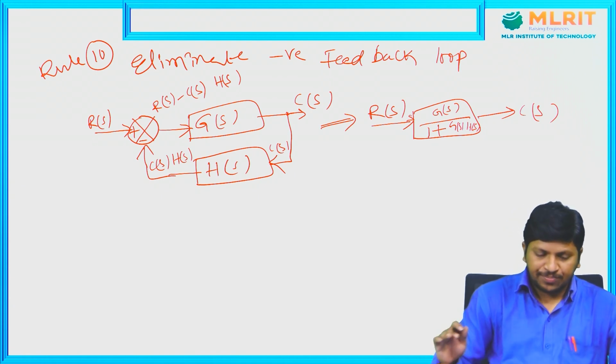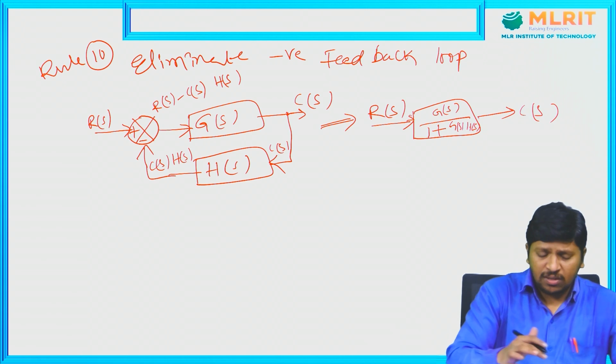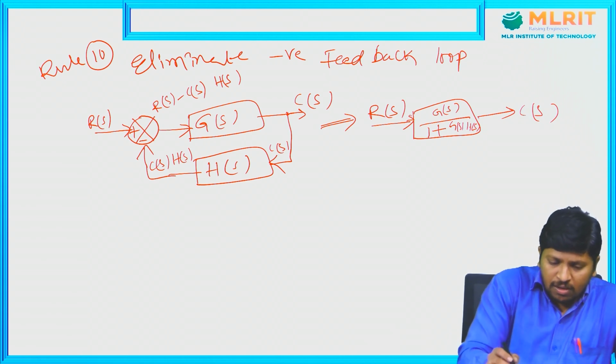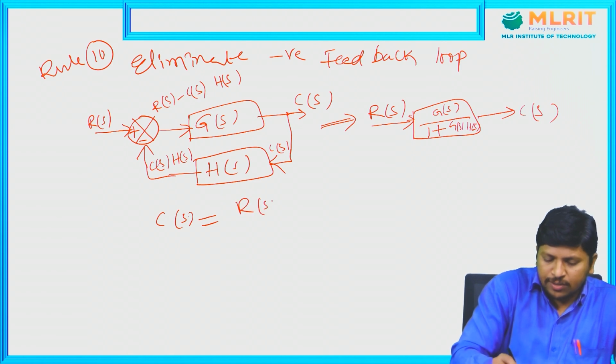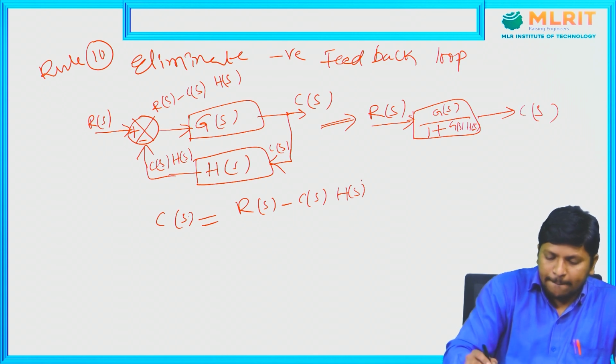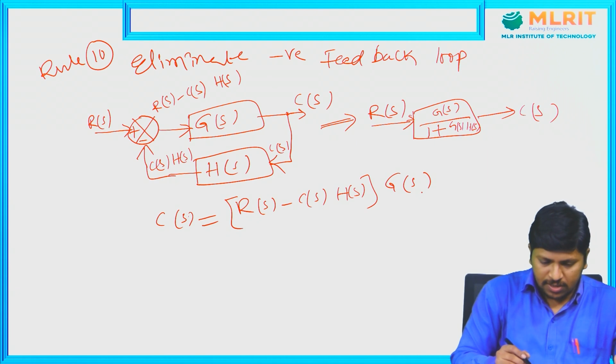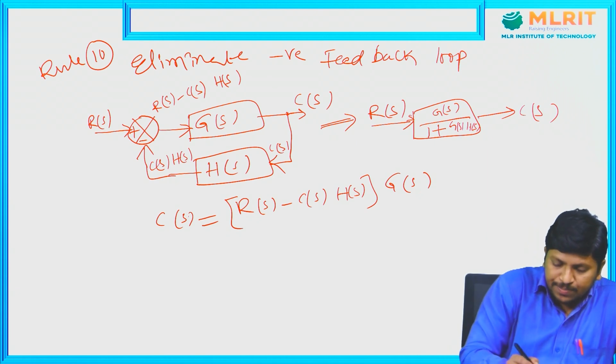Just for the calculation, here observe. C of S equals R of S minus C of S into H of S, and G of S. Okay.